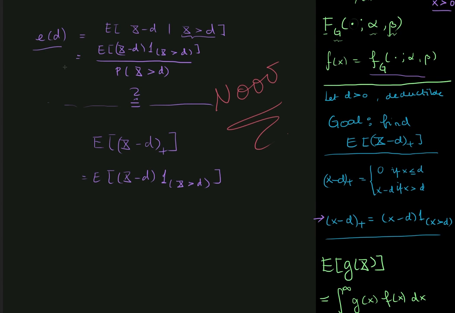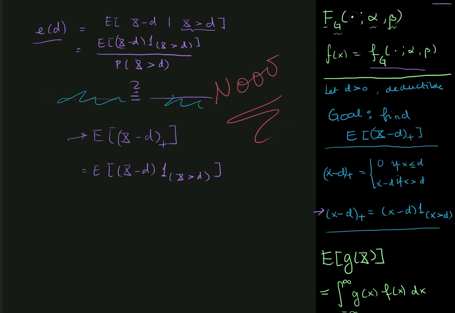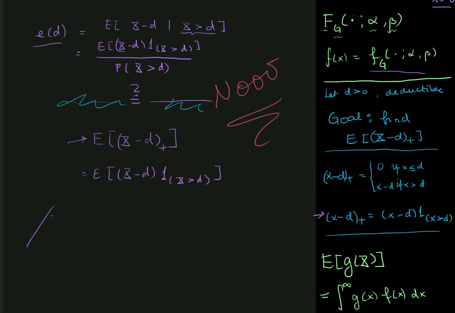So the mean excess loss and this expected value here are actually two completely different things. And how should we understand that? Well, let's say we have an insurance company, because sometimes the easiest way to understand expected values is to think of them as an average over many claims.